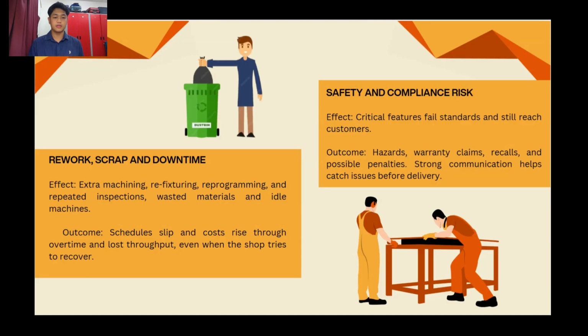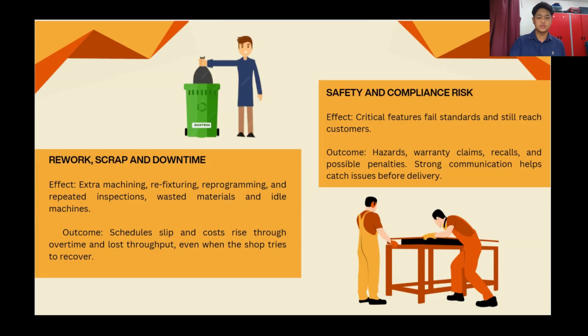Strong communication helps catch issues before delivery. Each company must make sure their safety is on top and their compliance risk is low so that their critical features will not fail.